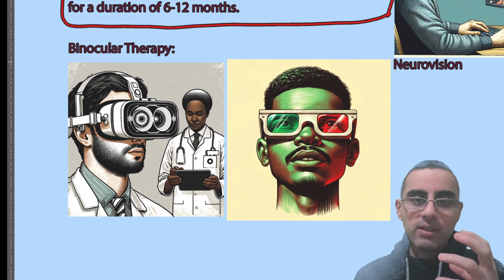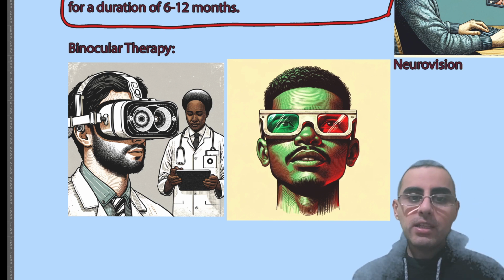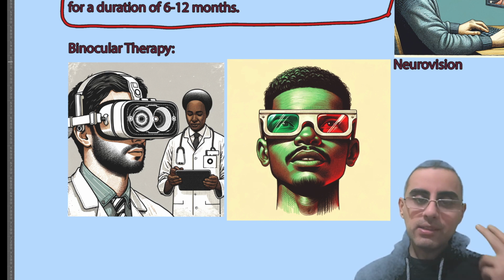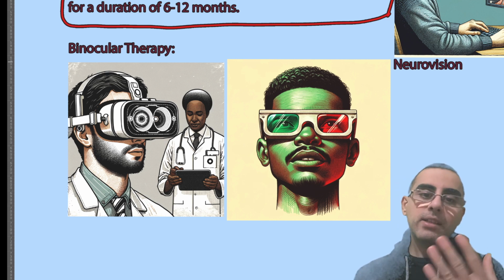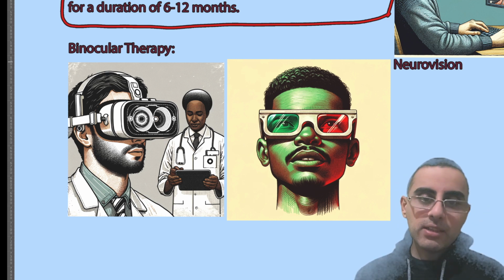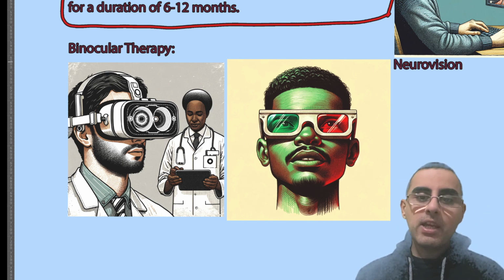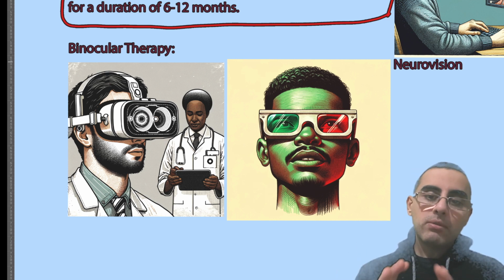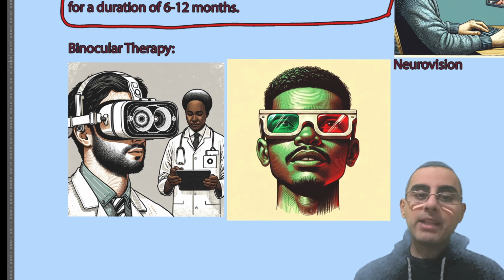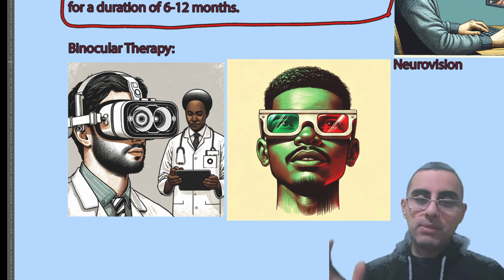For example, if the left eye is affected, one image has high contrast and vibrant colors, and the second image is very blurred or low contrast, but they are one image.